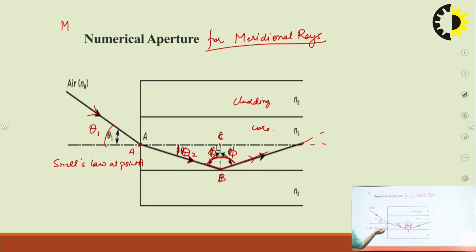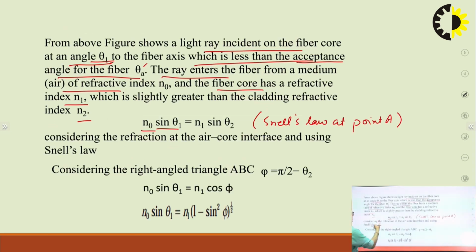Here n1 is the refractive index of the core. This is Snell's law. Now Snell's law at this point.